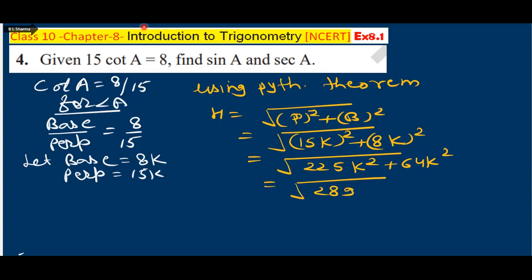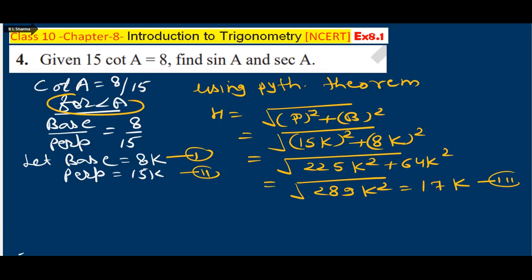That is 289k square. 17 squared is 289. So we can write 17k. Therefore, base is equal to 8k, perpendicular is 15k, and hypotenuse is 17k for the acute angle A.